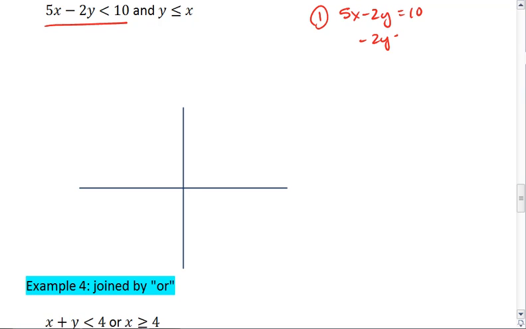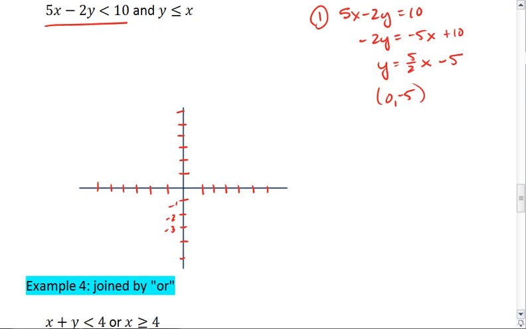I still think it's easier to work with this in slope-intercept form. We find that this equation has a y-intercept at 0, negative 5, and a positive slope of 5 halves.